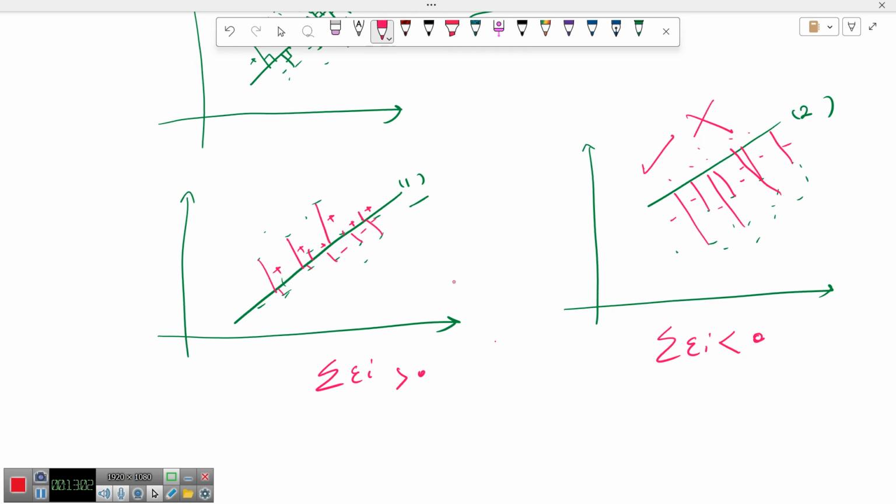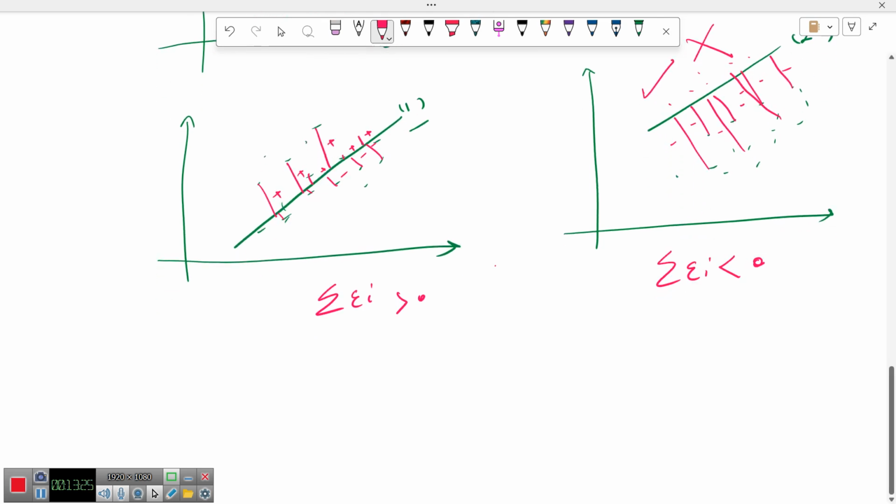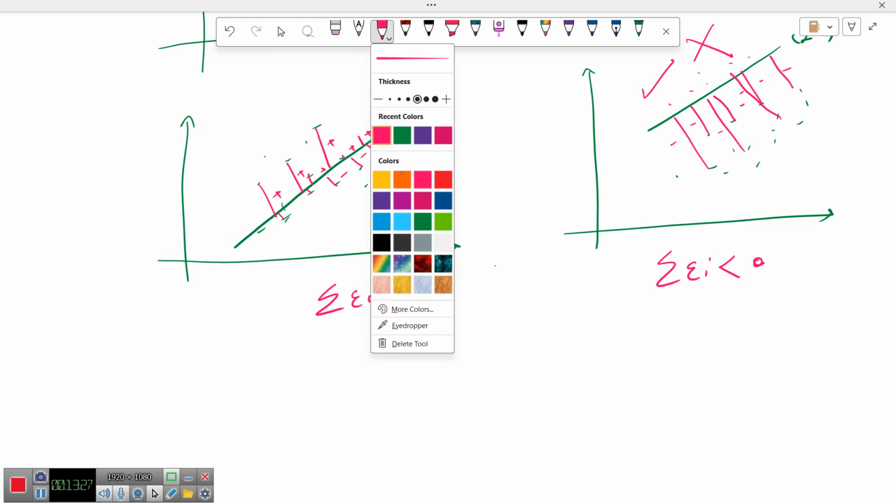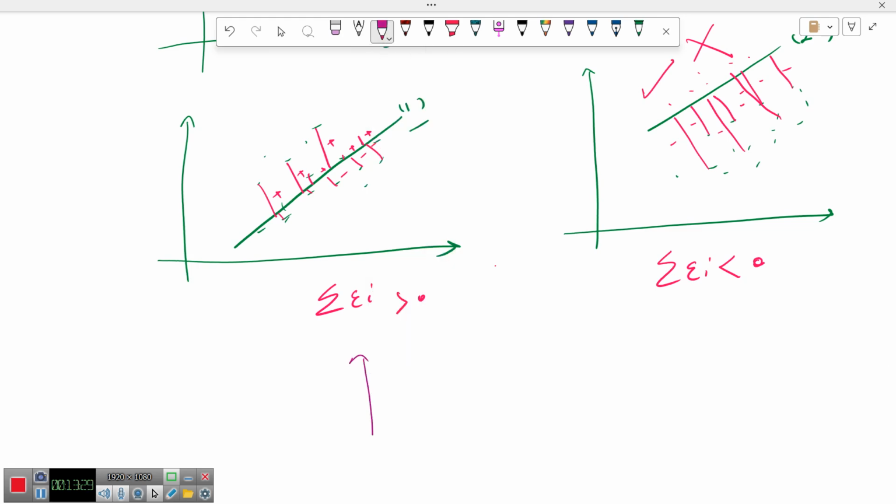Now a natural question arises: why don't we just sum up all the errors? Won't that give us an idea of how well the model fits the data? Well, the issue with simply adding the errors is that some of the errors are positive and some are negative.